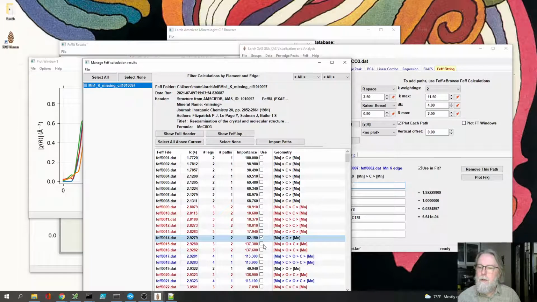We'll want to include the manganese oxygen, and the manganese oxygen carbon, and the manganese carbon oxygen carbon, the 4-legged path, the triple scattering path. We'll want to include those. Now, we'll bring those in, and we'll just assert that there's 3 of each of those.